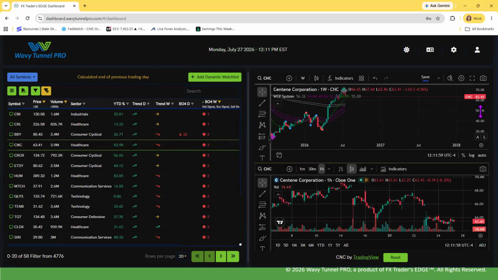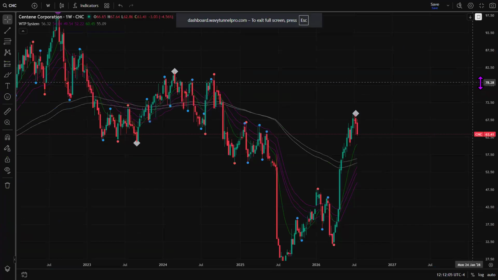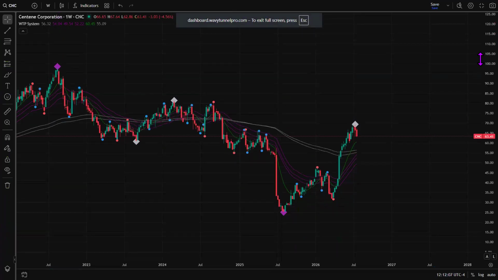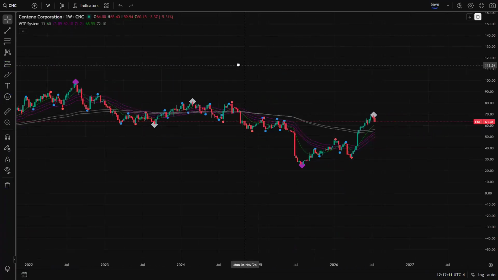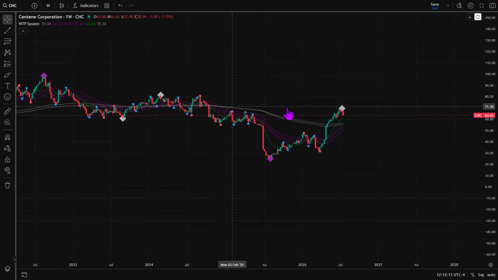Healthcare. Yeah, this was a nice three-wave move up. I like three-wave moves for this breakout for sell.